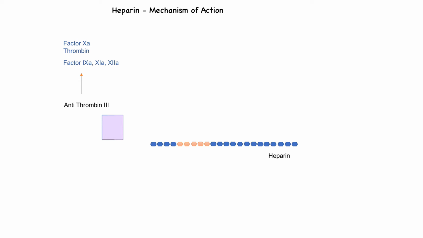When this naturally occurring antithrombin binds to heparin, it results in a conformational change in antithrombin. This conformational change significantly increases the ability of antithrombin to inactivate clotting factors. So anticoagulant effects of heparin are mediated through potentiation of effects of antithrombin.